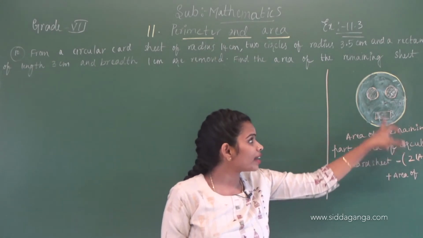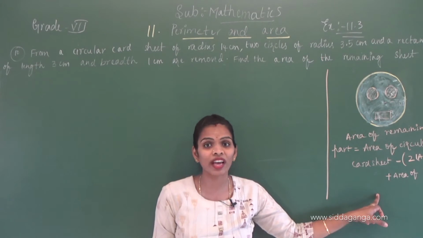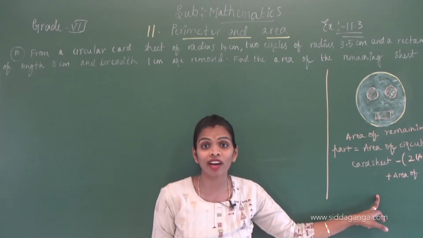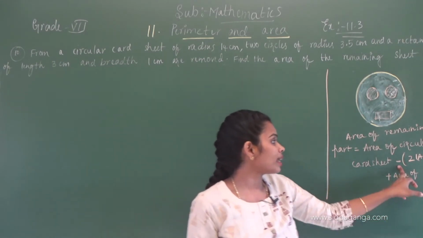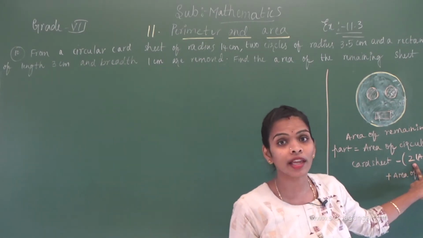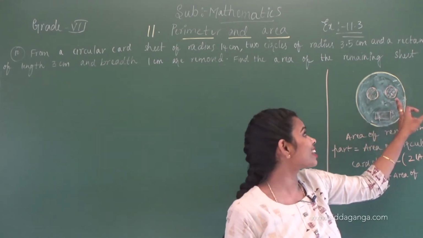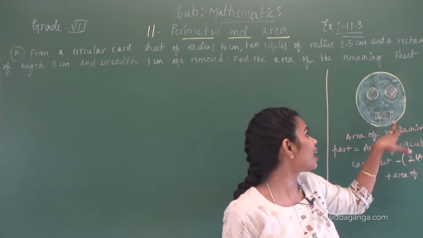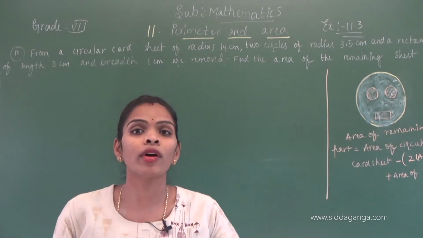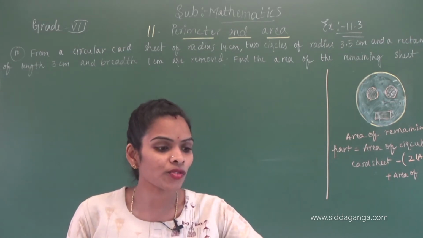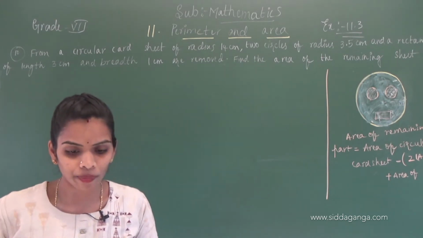So we can find the area of the circular card sheet using the formula pi r square, where pi equals 3.14 or in fractional form 22 by 7, minus 2 times the area of the small two circles, that means the eyes of the smiley, and then subtract the area of the rectangle. Okay children, first you have to write what they have given in the question.